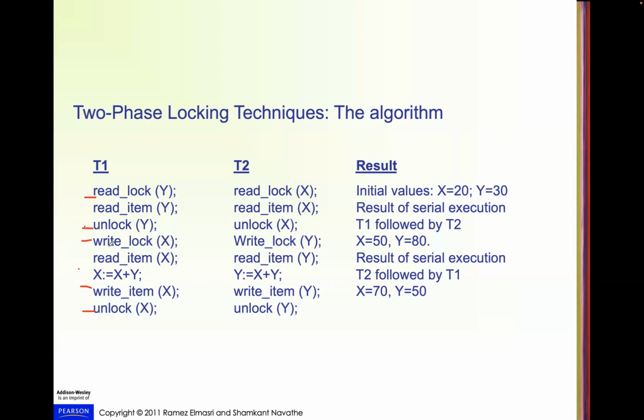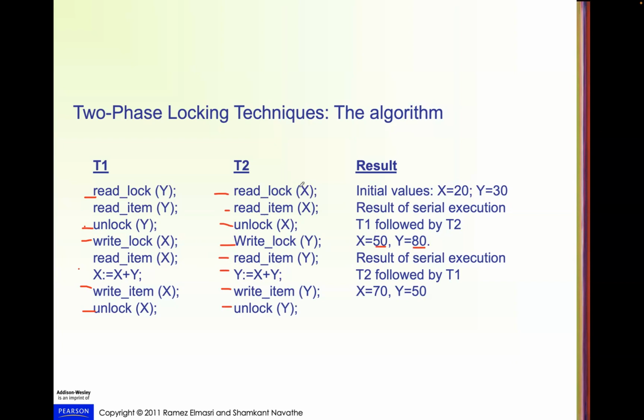You can execute T1 first, then T2. If we are executing T1 first, we see X as 50, Y as 80. If T2 executes first, it also does the same thing. Apply the read lock, read, and unlock. Apply the write lock, read the item, make the changes, write the item, and then unlock.